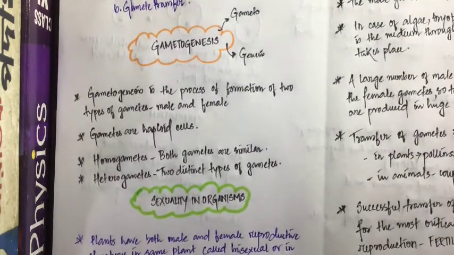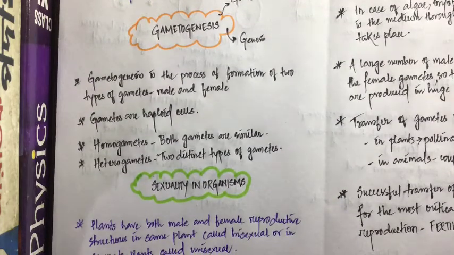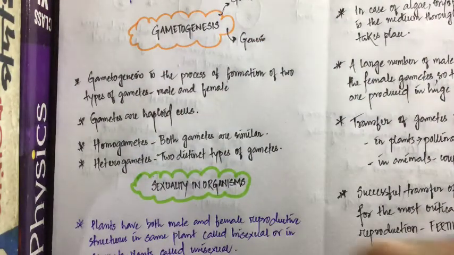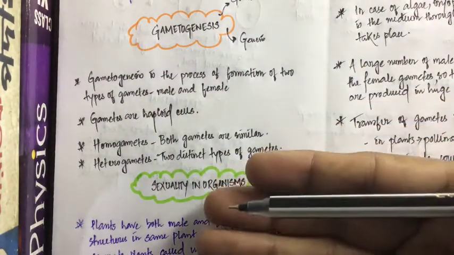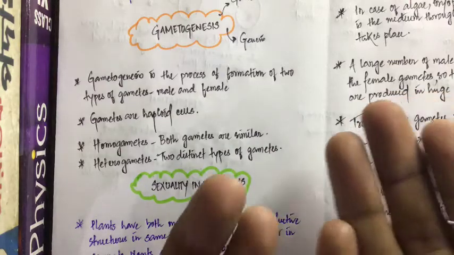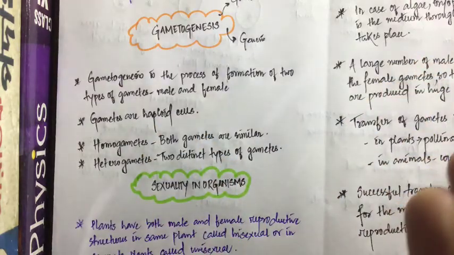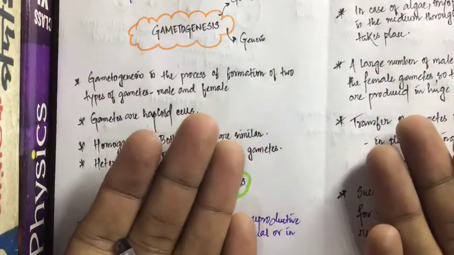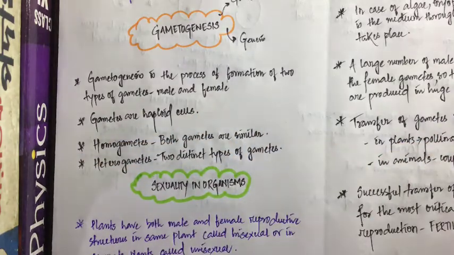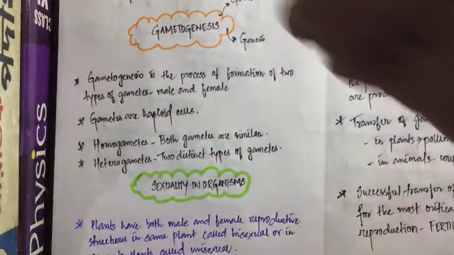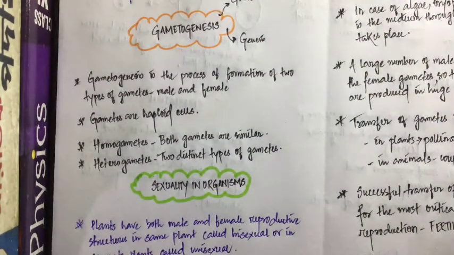These are the basic concepts you need to know, because we will be building our whole construction on them, when we study how gametogenesis occurs in plants, how pollen grain is formed, how ovule is formed. At that point, these basic concepts are very important to keep in mind. Clear?